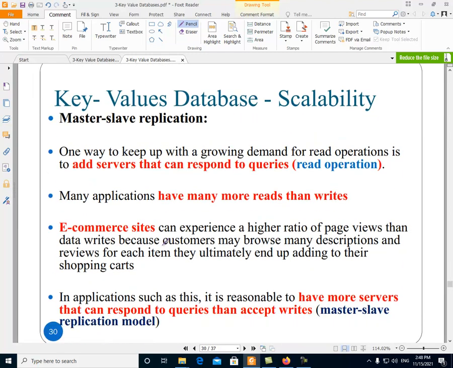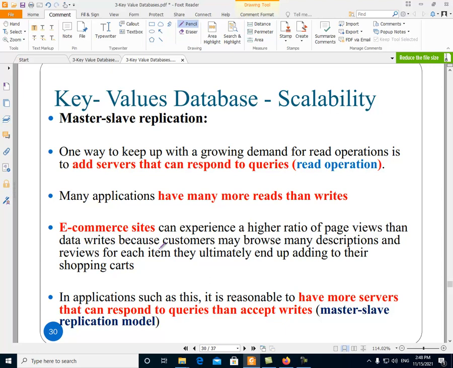Okay, in the master-slave replication, this strategy could help us with scaling the read operation. In this strategy, we add servers that could help us to respond to the queries, or the read operations. The query is the read operation.